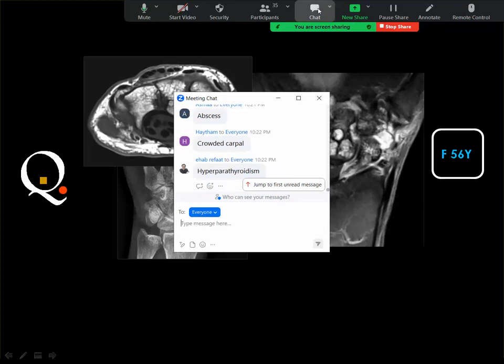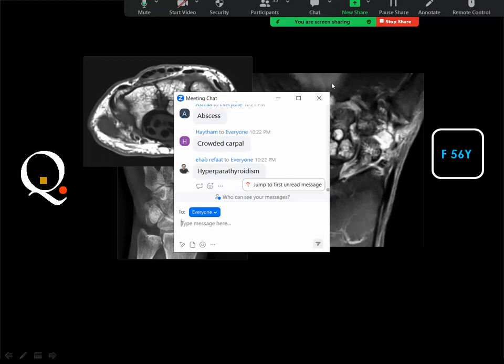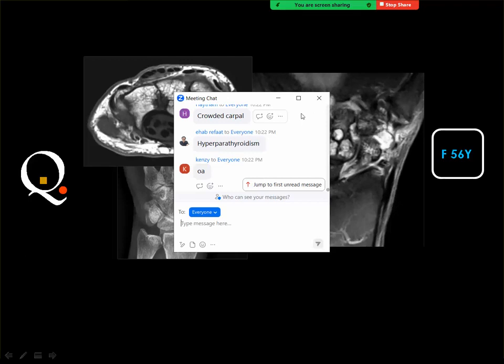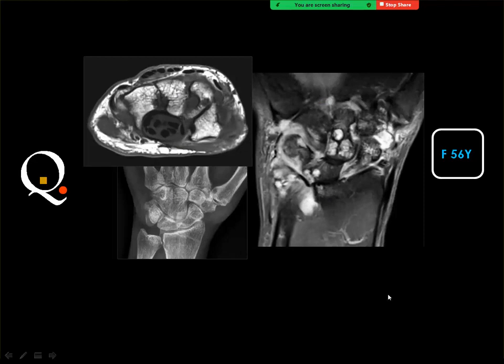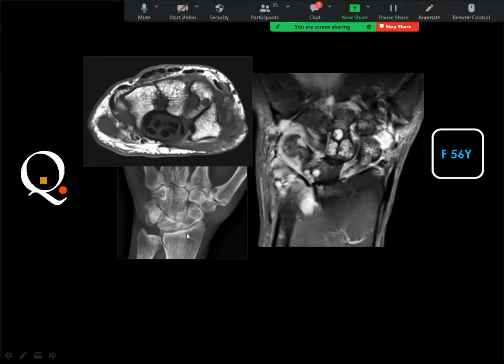No, this is not hyperparathyroidism, and this is not a crowded carpus, and this is not osteoarthritis, and this is rheumatoid arthritis, of course. And you see that there are marked erosive changes in the distal part of the ulna, some erosive changes in the carpal bones, a marked narrowing of the radiocarpal joint, some joint effusion and synovial thickening.